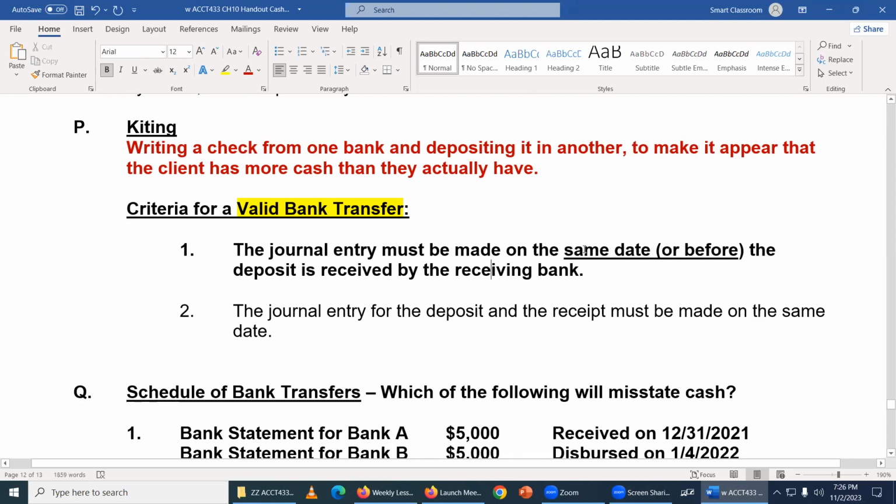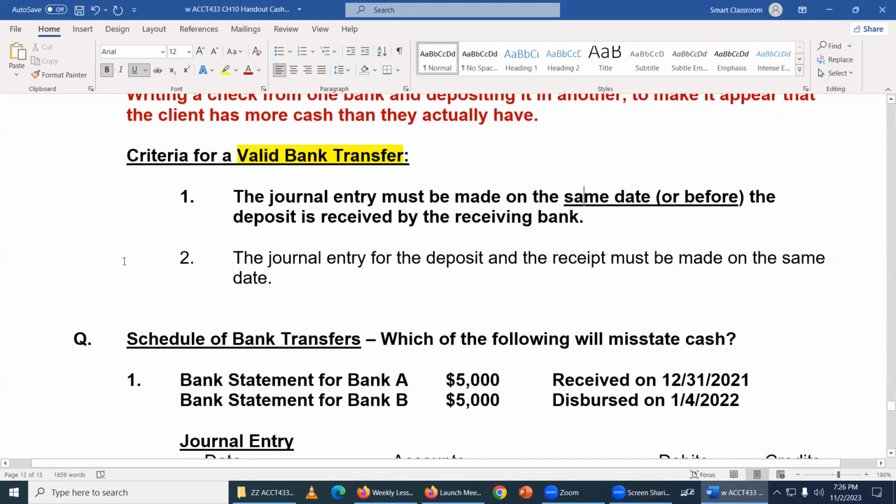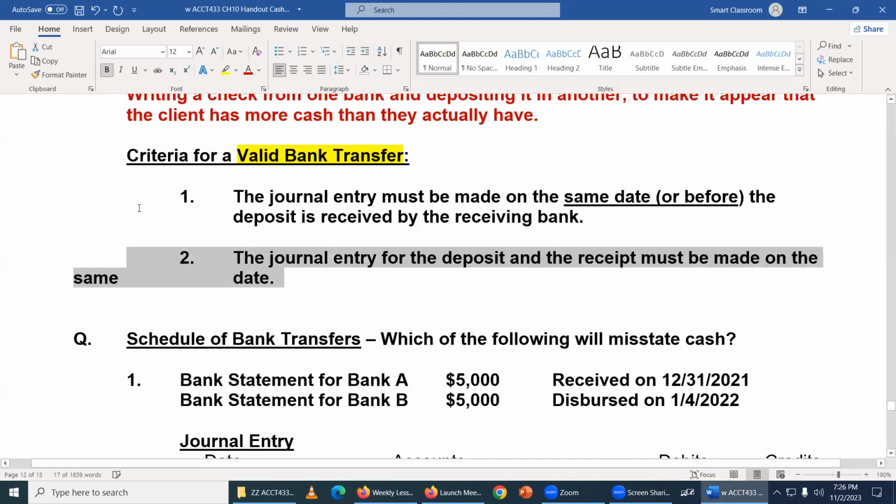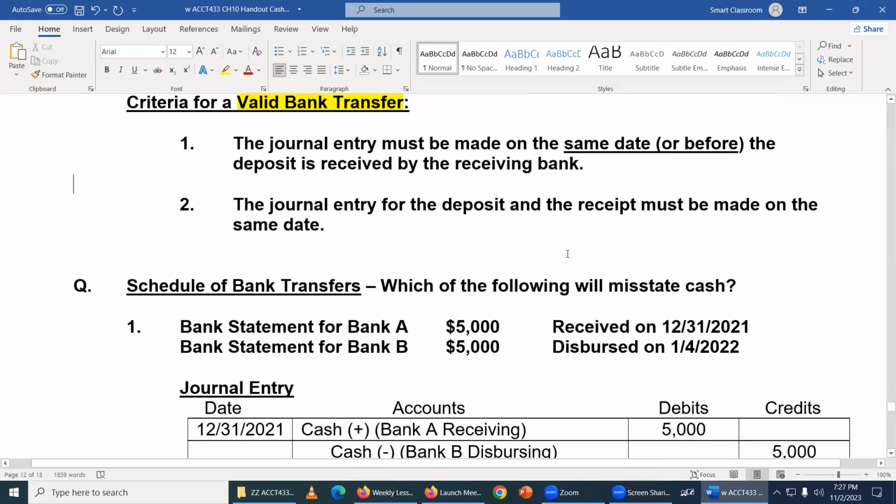So when we make the deposit, there needs to be a journal entry made. The journal entry for the deposit and the receipt must be made on the same date. The journal entry not only has to be made at the same time or even before, but both the receipt and disbursement have to be made on the same date.